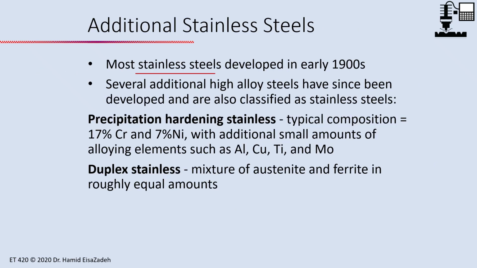Traditional stainless steel was developed in the early 20th century. Since then, other high alloy steels were developed. Some of them are precipitation hardening stainless steel, which has a composition of 17% chromium and 7% nickel. The strength and corrosion resistance can be manipulated at elevated temperature.